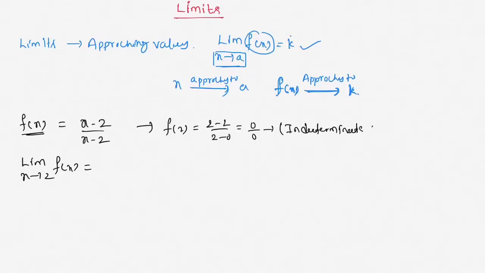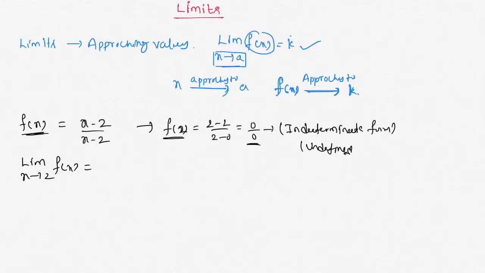If you get 0 by 0 form, that is indeterminate, which means it is undefined. We cannot tell those values. So at x equal to 2, f of x is not defined, but for every value other than x equal to 2, it is defined.